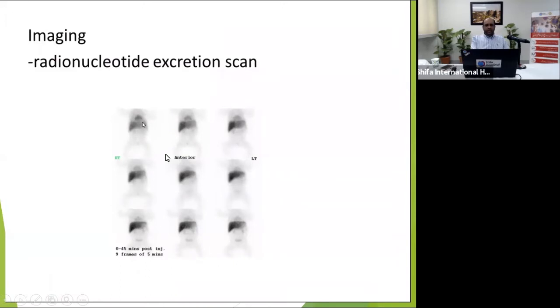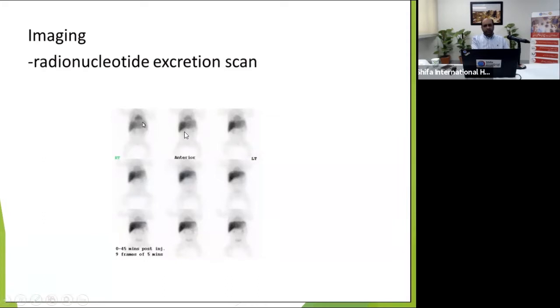Coming to the HIDA scan, this is a radionucleotide excretion scan. There are some preliminary requirements to do this test. Sometimes we give enzyme inducers to help in increased absorption of the dye. If you see all the scans, you can see only the black image in the liver area, and there is no excretion of the dye in the intestine or the gut.